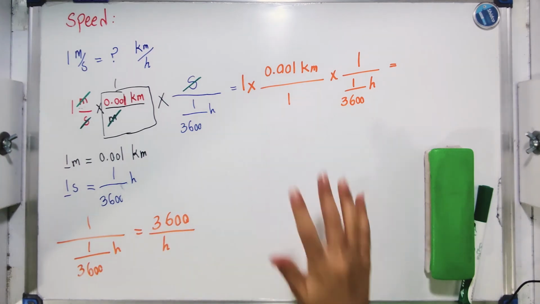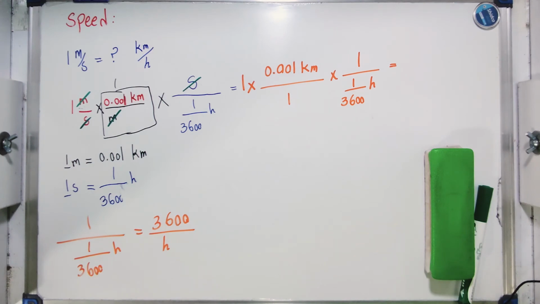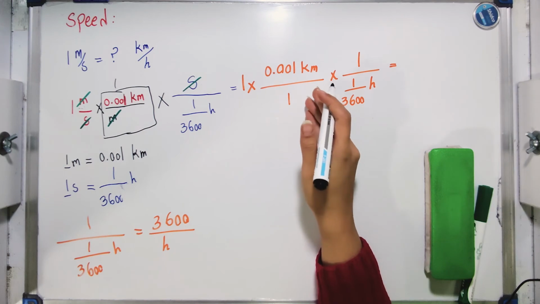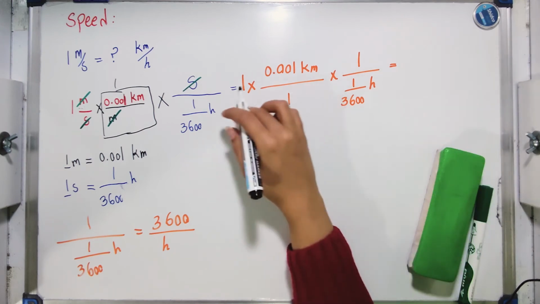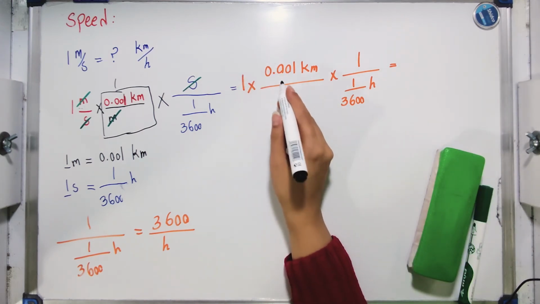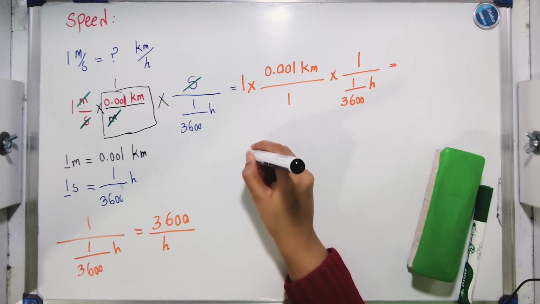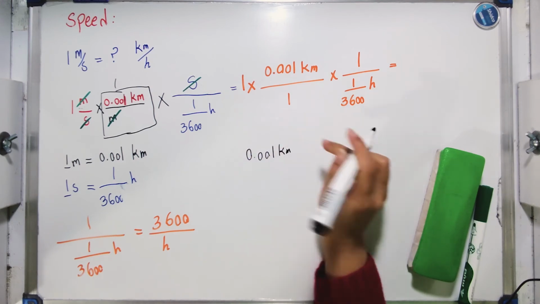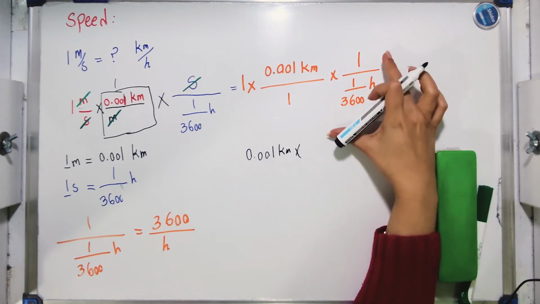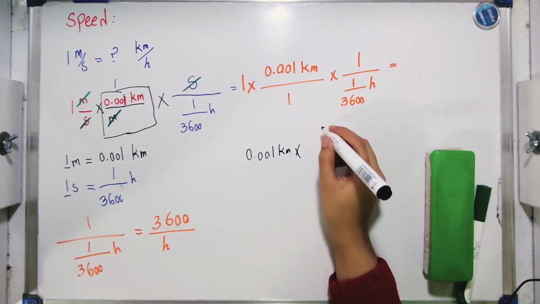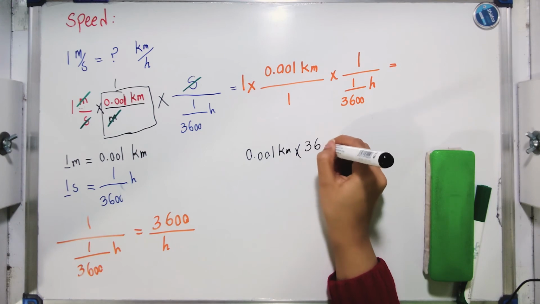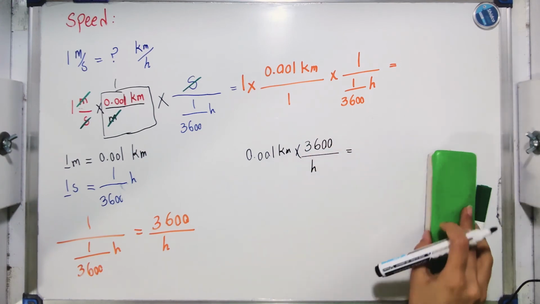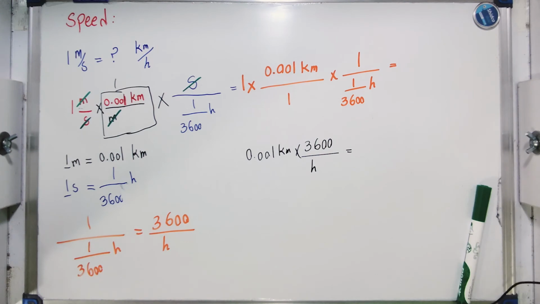So let me just rewrite this. 1 multiplied by everything is everything. So I just ignore 1. And on top I have 0.001 kilometer. I keep it, ignore 1. Times, instead of this fraction, I have this, equal to, so just a multiplication.